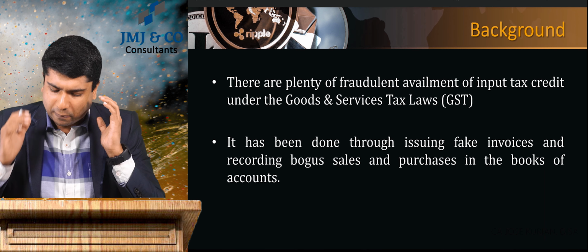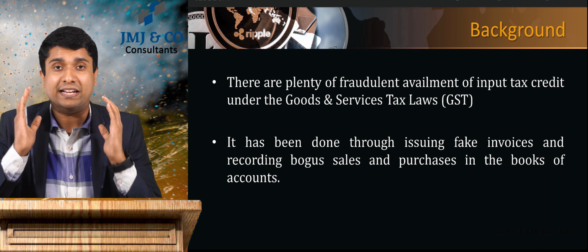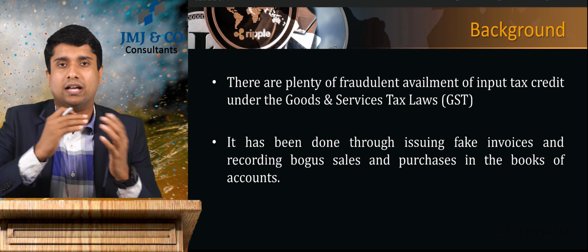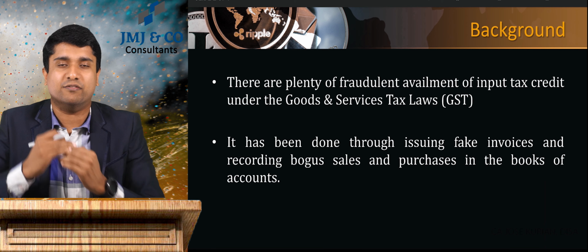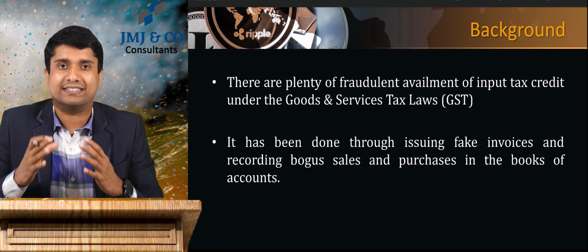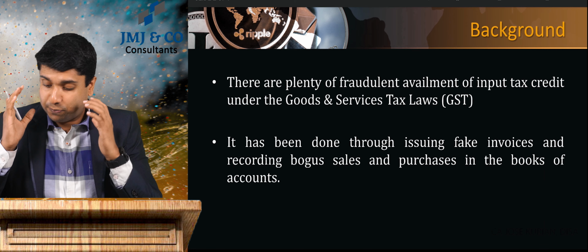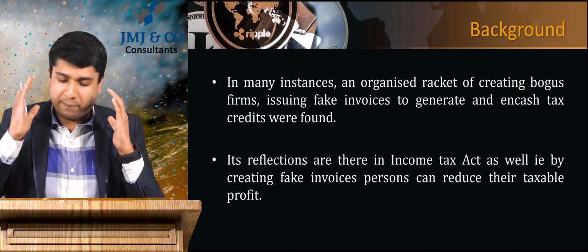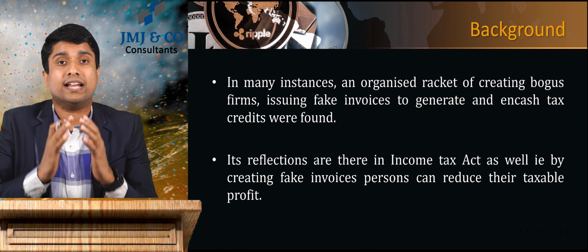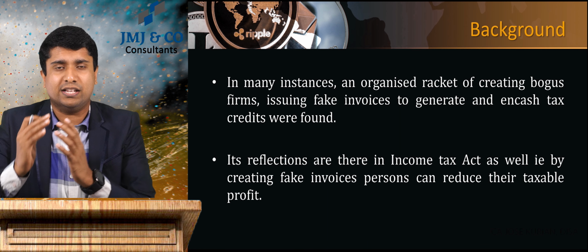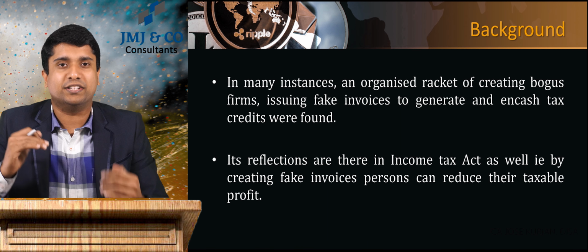There was plenty of fraudulent availment of input tax credit under the GST regime, because people were coming up with fake purchase invoices and claiming fake input tax credit. And it was done again through fake invoices. In many instances, there were organized rackets actually issuing these fake invoices to help others in the industry.